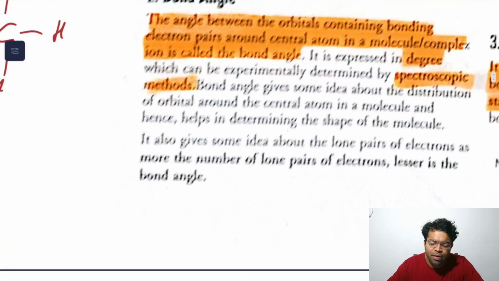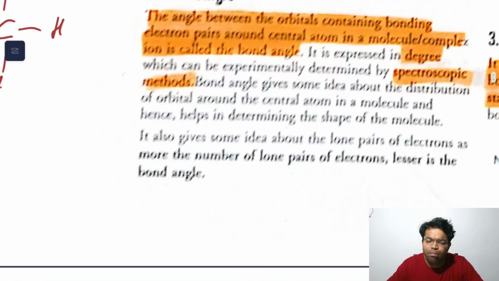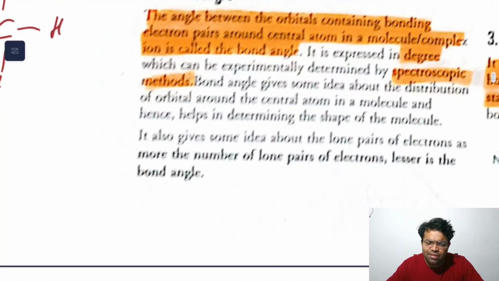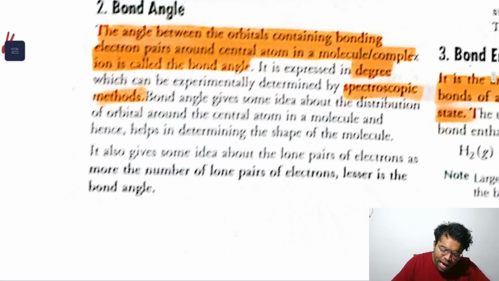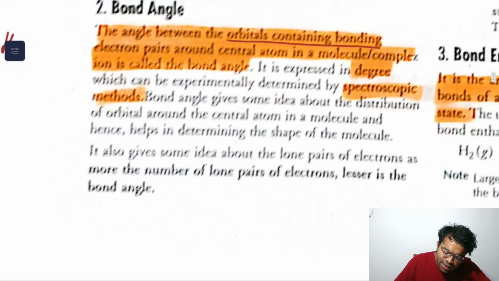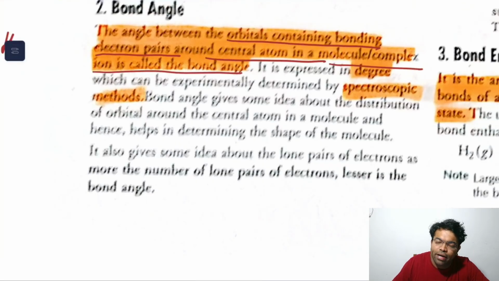An electron that participates in the formation of a bond is called a bond pair electron, whereas an electron that is not participating in any bonds, just staying inside the atom, is a lone pair of electrons. The angle between the orbitals containing the bonding electron pair around the central atom in a molecule or a complex is called the bond angle.